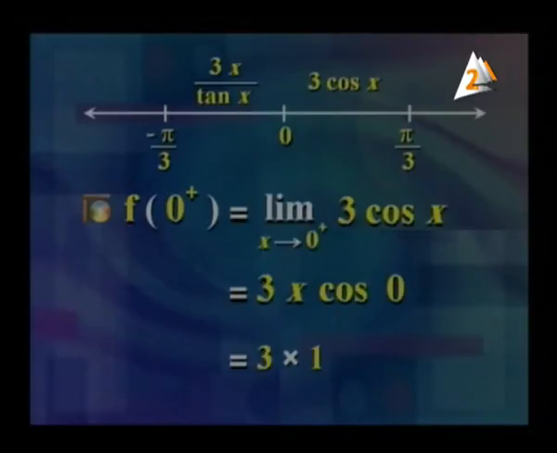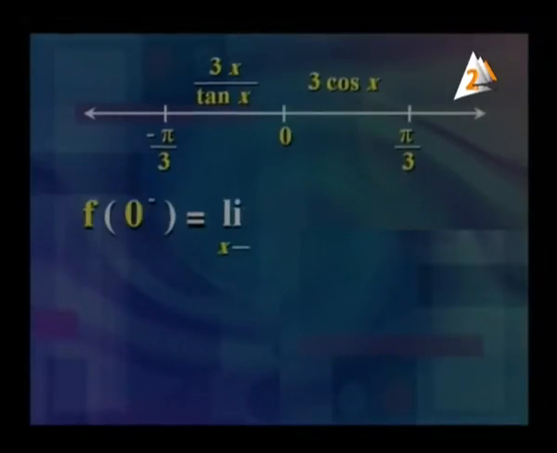By substitution of x equals 0 in 3 cosine x, we get 3 times cosine 0. What is cosine 0? It equals 1. So 3 times 1 equals 3. When we find f of 0 negative, by substitution of x equals 0, we get 3 times 0 over 10 times 0.